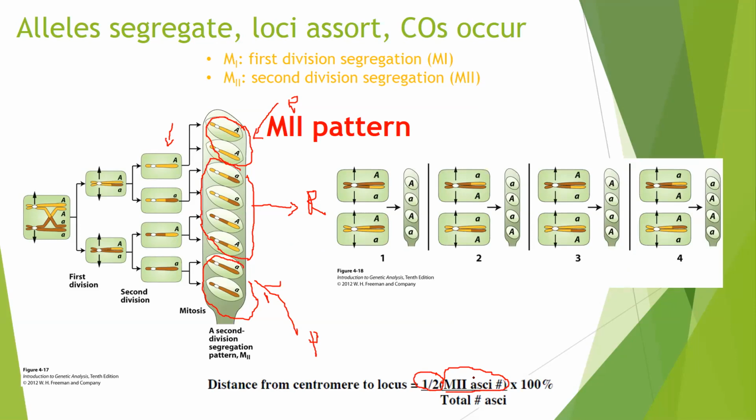We are only interested in the recombinants, because recombinant progeny represent the crossing over events, right? So now you understand why we use this formula to calculate the distance between this gene and the centromere. Any questions?